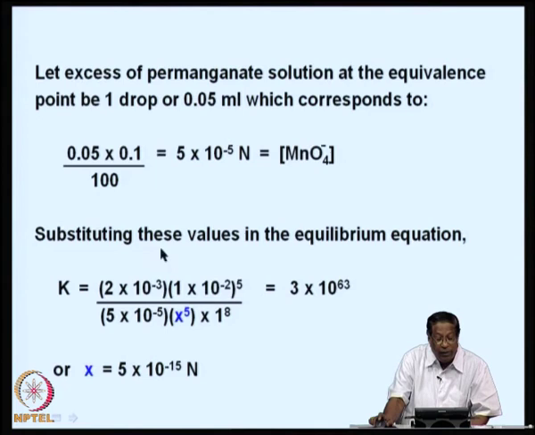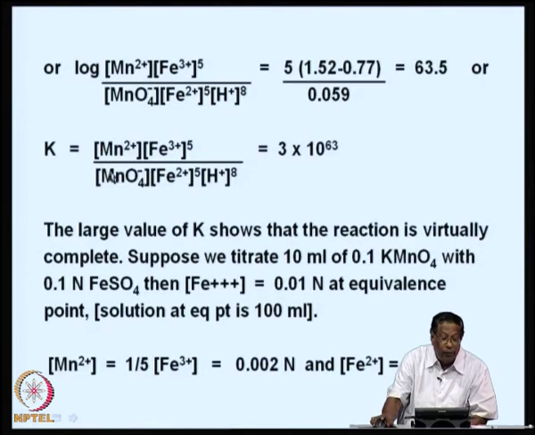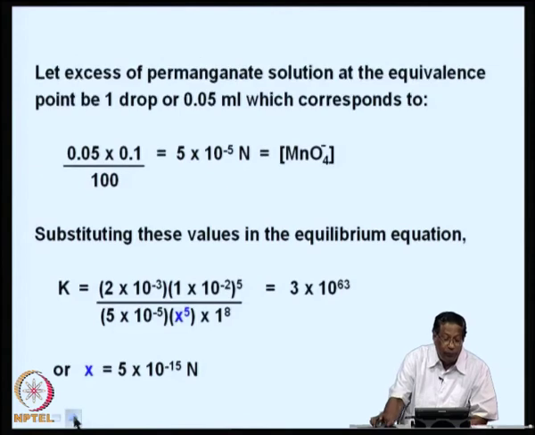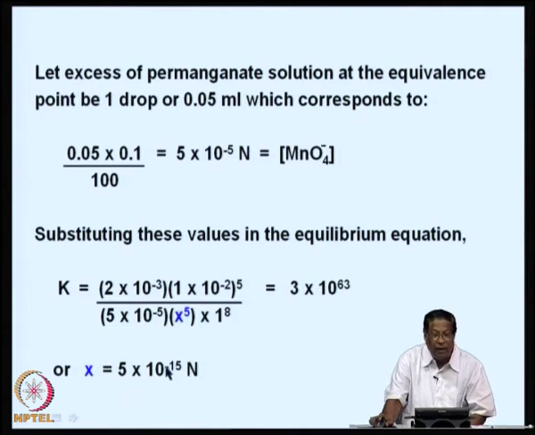So, substituting these values in the equilibrium equation. Now, let us substitute K is equal to, if you go back, Mn2+, Fe3+, MnO4-, all these things I am going to substitute now. 2 into 10 raised to minus 3, 1 into 10 raised to minus 2 divided by these values, and what I get is x is equal to 5 into 10 raised to minus 15.